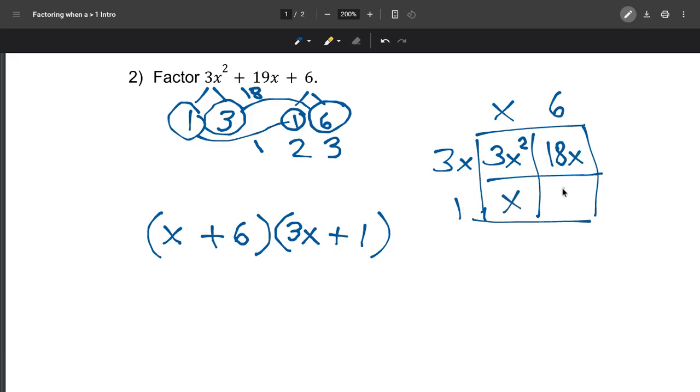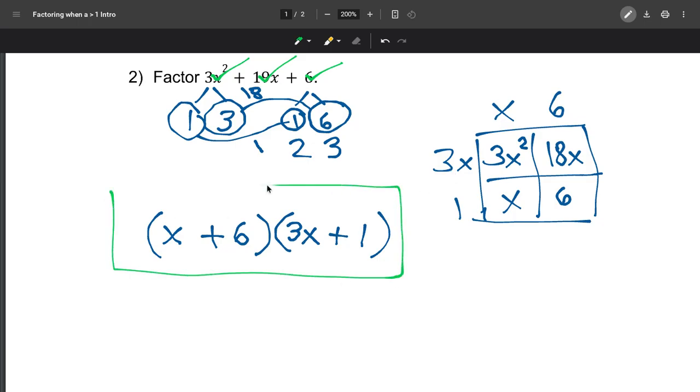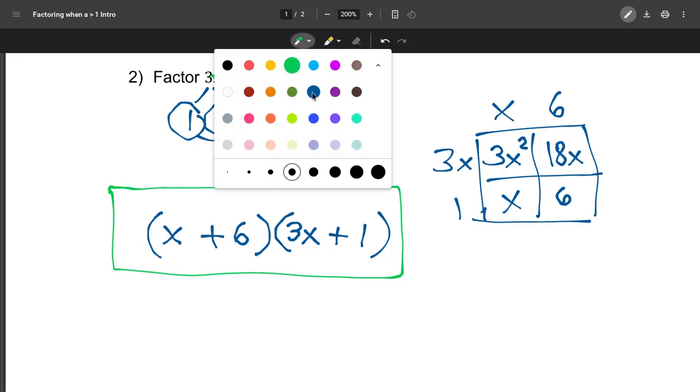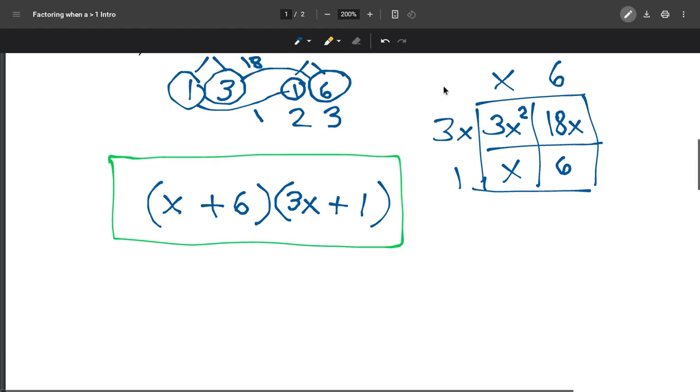And 1 times 6 is 6. So let's check. We've got our first term, 3x squared. We've got 6, our last term. So we got this term, we got this term, and then x plus 18x will add to 19x. So we've got that term, so we got the correct factored form. All right? Cool. Let's try another one.